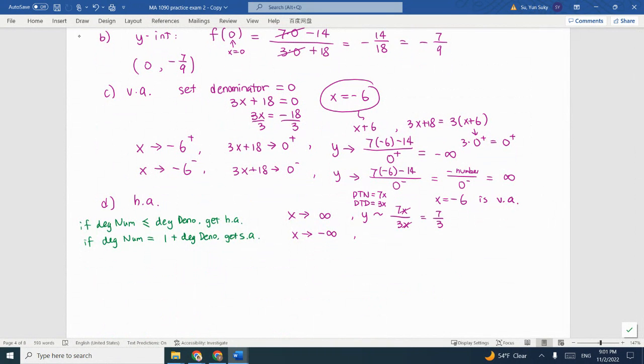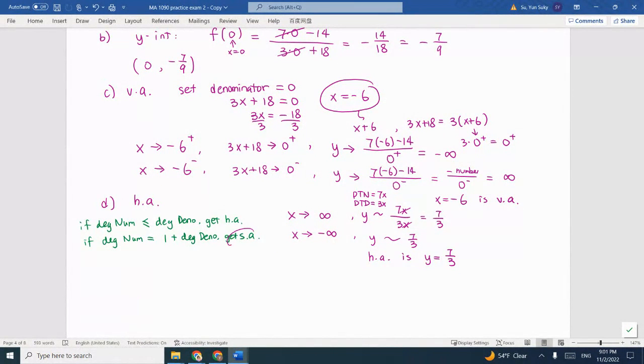And similarly, when x goes to minus infinity, y also behaves like 7 over 3. So if x goes to infinity and y goes to a number, then we say the horizontal asymptote is y equals 7 over 3. So we do have a horizontal asymptote.